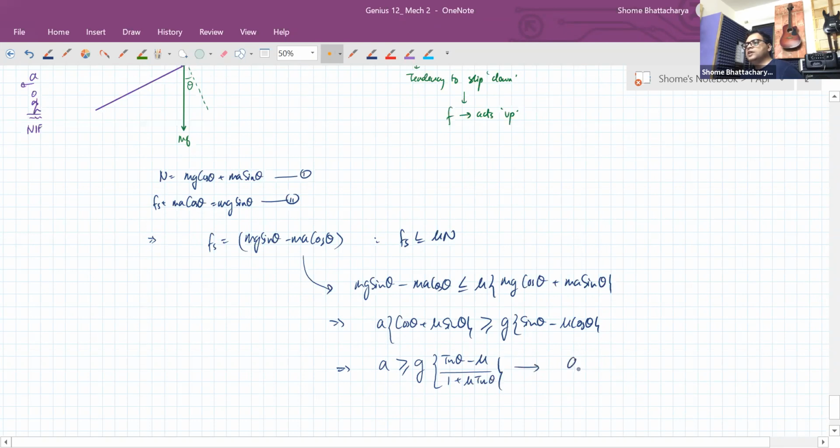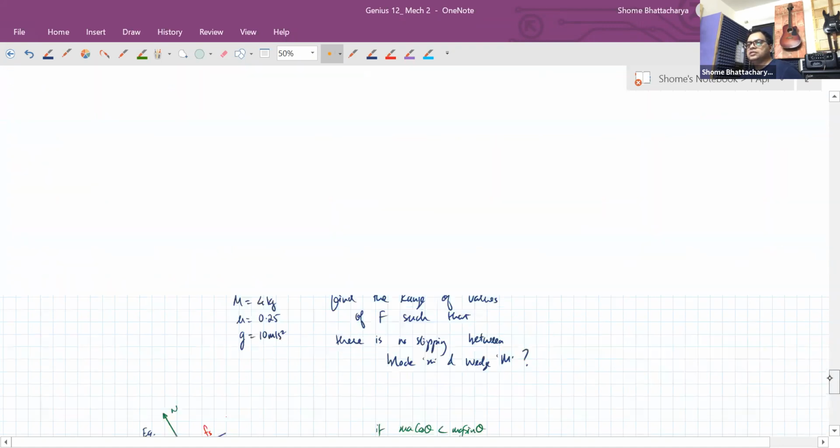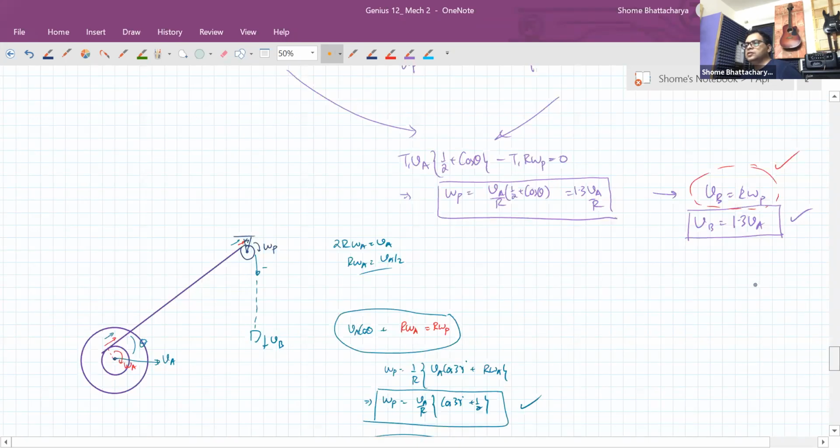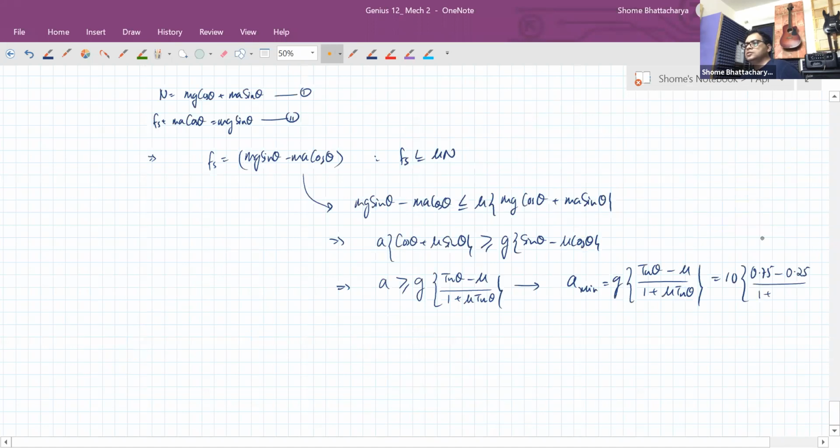So this tells me that A's minimum value is g into (tan theta minus mu) upon (1 plus mu tan theta). That will be 10 into 0.75, because we've taken theta as 37, correct? And mu is 0.25, upon 1 plus 1 by 4 into 3 by 4, so 3 by 16. 10 into half divided by 19 by 16.